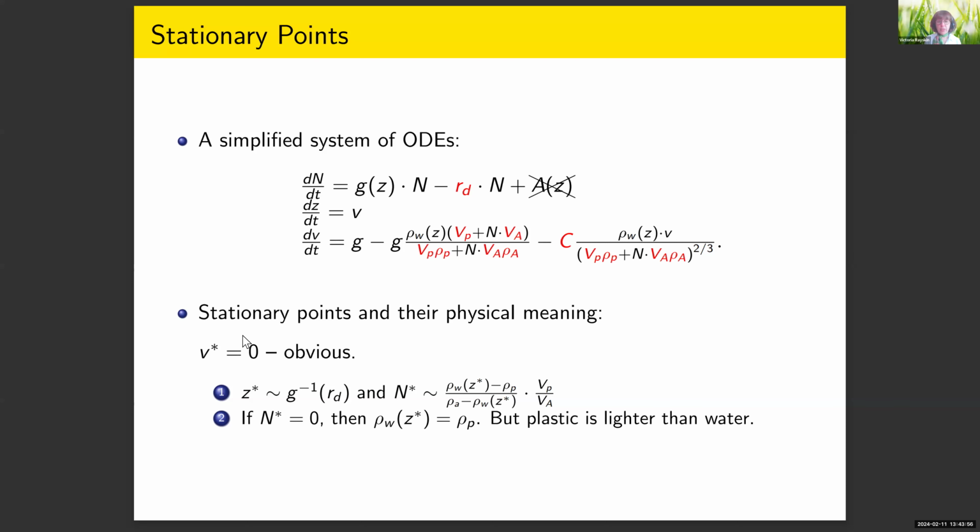So students can see stationary points, and it's easy to understand the physical meaning of these stationary points. The most obvious condition is probably that velocity must be 0. So this is the first variable that is obviously 0. Then, in order to find equilibrium in the first equation, we can see that the rate of growth of the new cells must be equal to the rate of death.